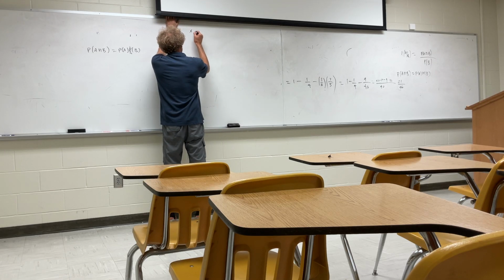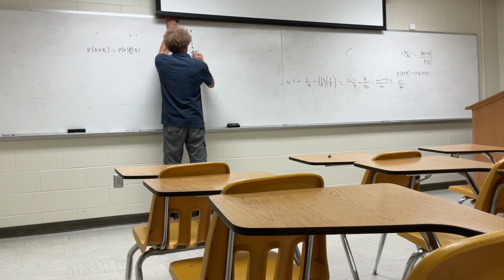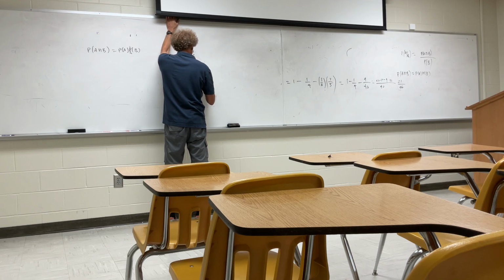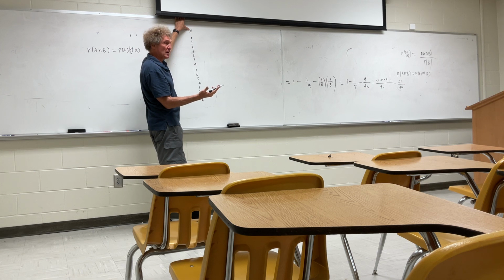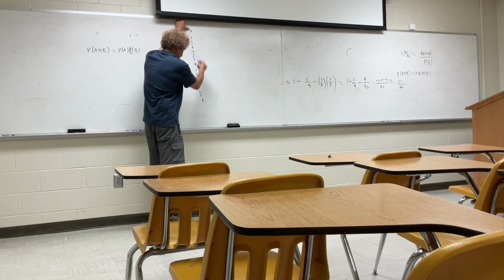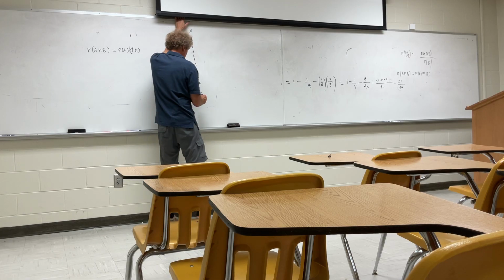If this is X, you're going to have 1, 2, 3, 4, then 1, 2, 3, 4, 1, 2, 3, 4, 1, 2, 3, 4. Now remember, we're going to roll the dice twice, right? So there should be 16 total outcomes. We could have 1,1, 1,2, 1,3, 1,4, then 2,1, 2,3. You follow me on this? That's the reason I did this. I'm going to show you all possible outcomes.